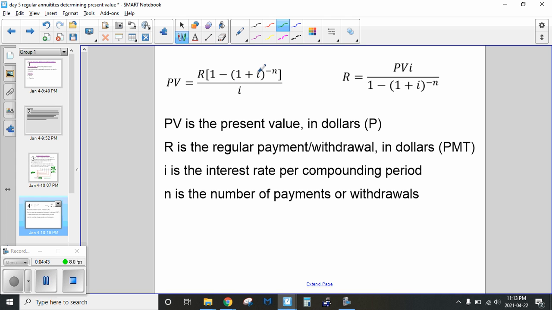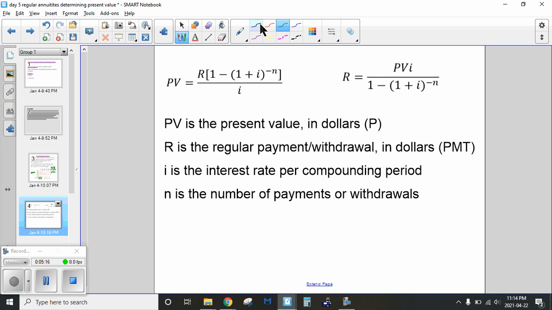There's an interest rate, which is the annual interest rate adjusted based on how it's compounded, so monthly, quarterly, weekly, that kind of thing. N, again, is the number of payments or withdrawals in total, so we can figure that out. On the right side, there's the rearranged version of the equation, where you know the present value and you can figure out from that what the regular payments or withdrawals are going to be.